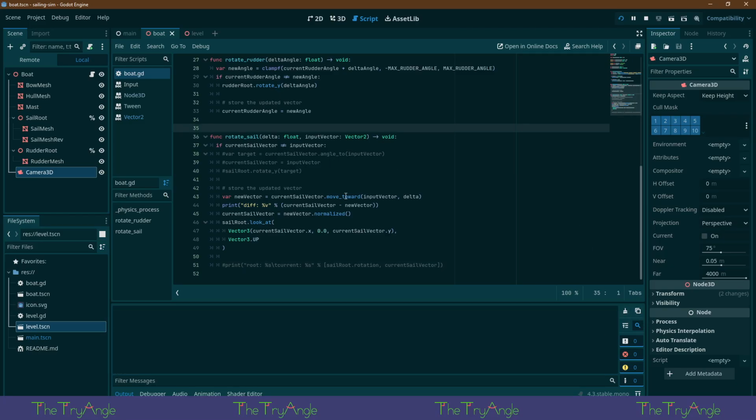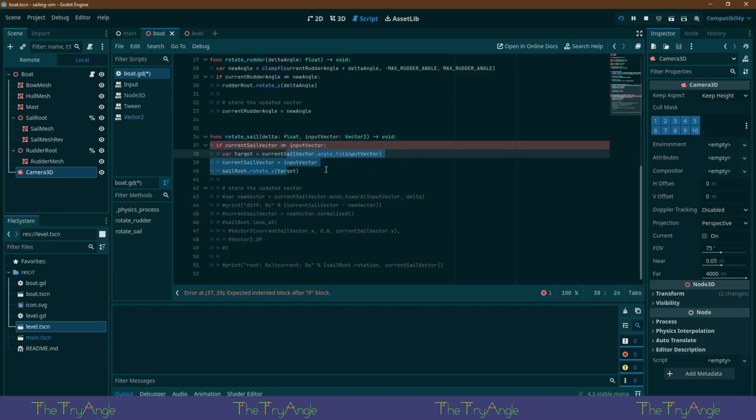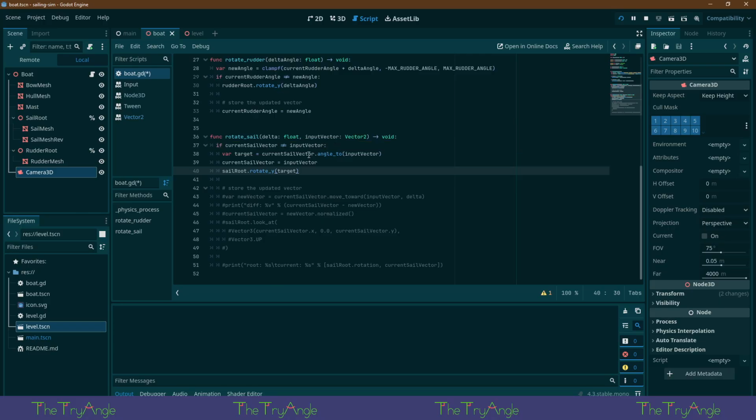I don't know. I feel like move toward is not... It almost feels like the vector is not rotating around, but passing through. And normalizing it seems to have kind of helped. But it still feels like we're suffering some fundamental problem here. So I'm just... All right. We're going to go back to this.